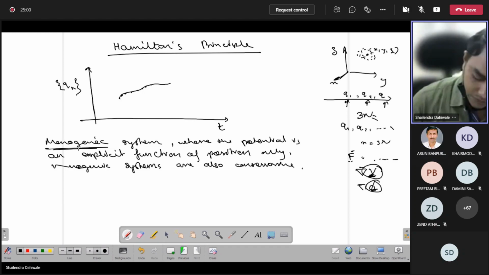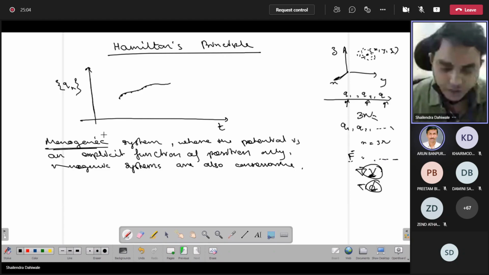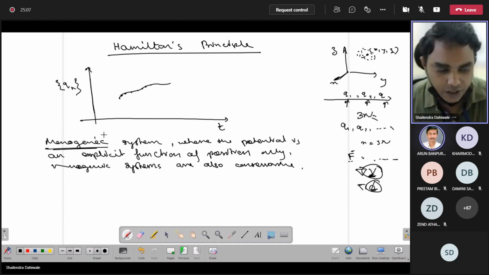So this is basically a monogenic system, and we are applying Hamilton's principle to these monogenic systems.